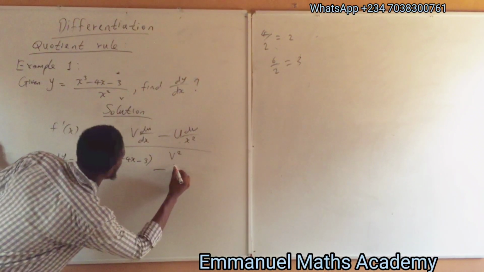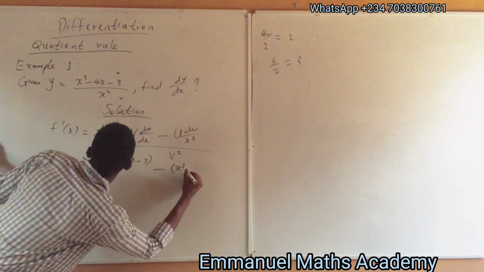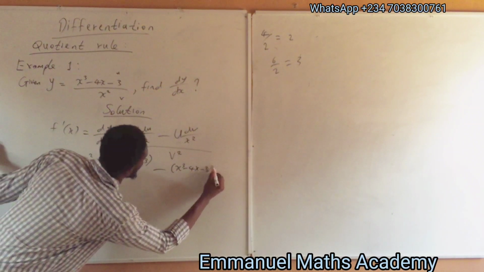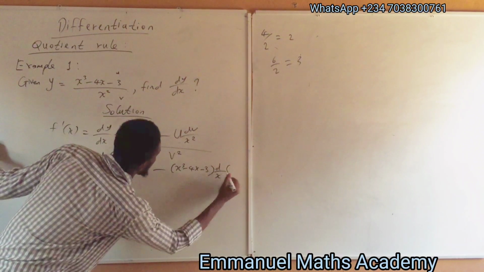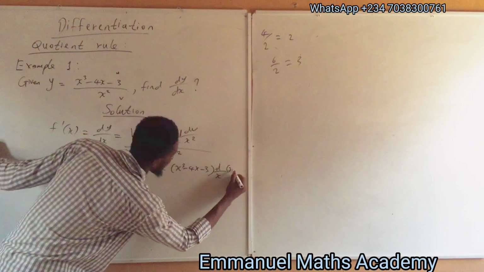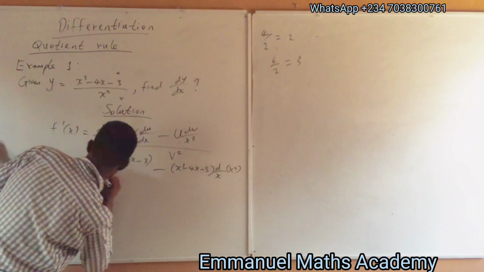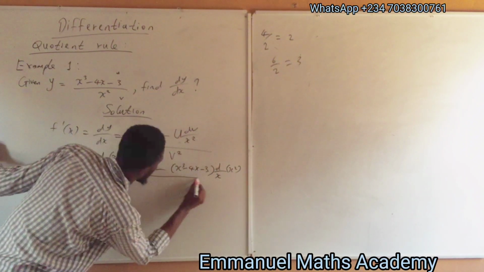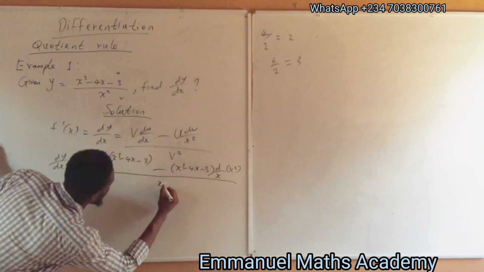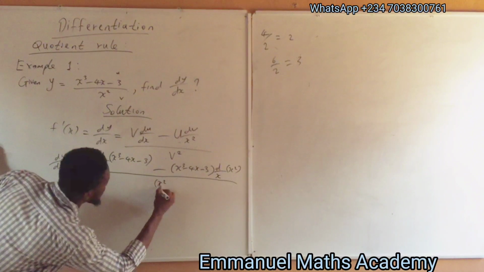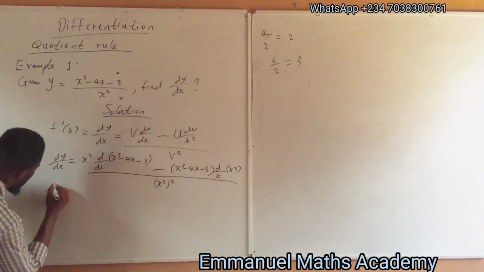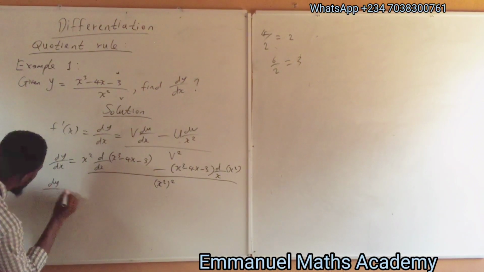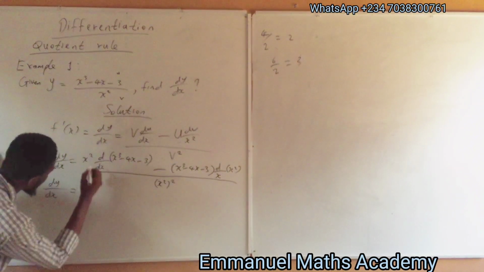Minus keep u, differentiate v with respect to x. What's our v? This, right? All over v squared, raised to power 2. You now differentiate. Now your dy dx is what?